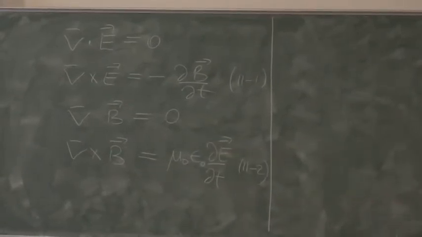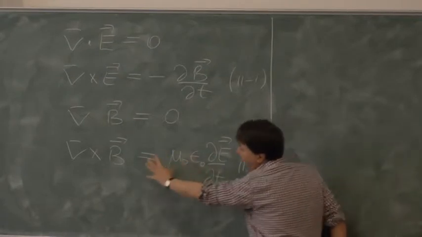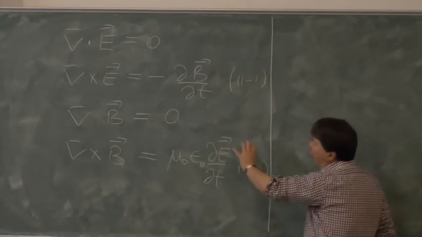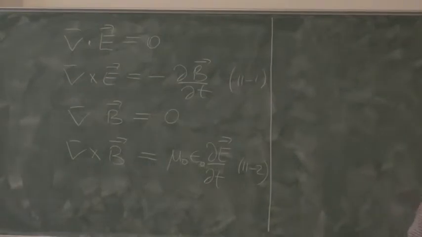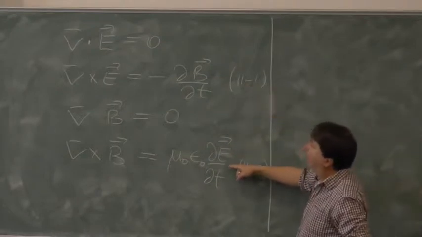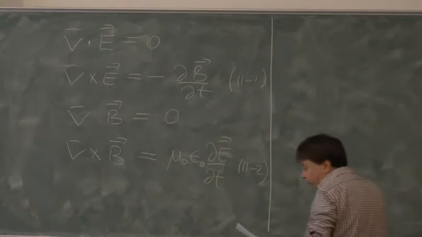The whole of the last lecture was about consequences of this term in combination with the mu naught J, and we're now moving away from the sources and we've just got the dynamic effects remaining. Equations 11.1 and 11.2 are basically a pair of simultaneous equations, and we're going to eliminate the magnetic field by taking the curl of equation 11.1.